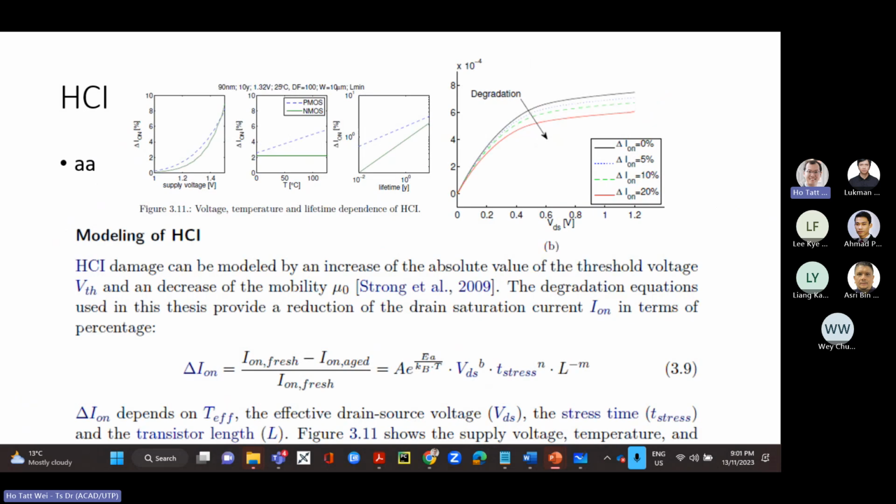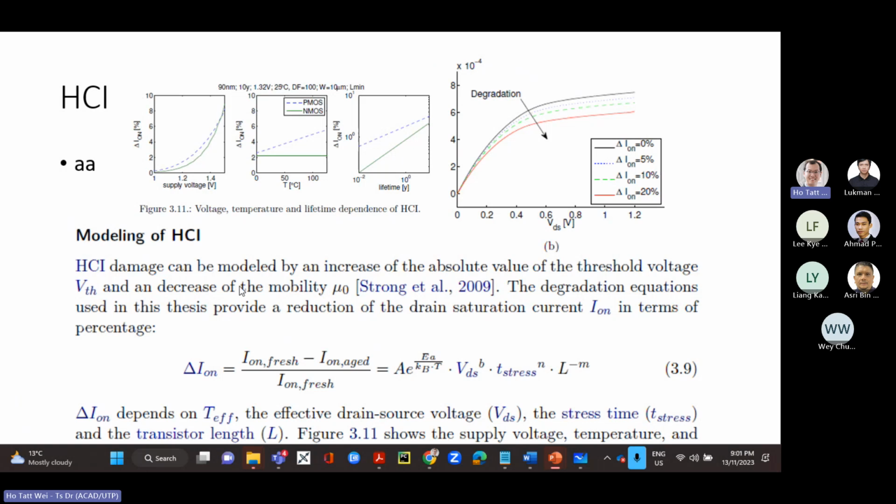Okay. Now, HCI is a little bit more challenging. And remember, it is basically whenever you are driving current through the gate. So it's only on the transitions. And HCI then changes both the effective threshold voltage, because remember the charge is being embedded in the oxide, and also it changes the mobility of the transistor.